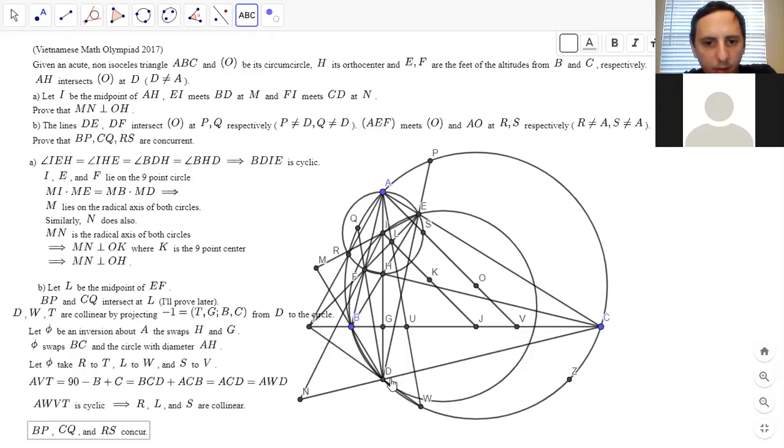And OAD is basically half of, so AOD is twice angle C. So that should be 90 minus B plus C. That looks correct. That should be correct.